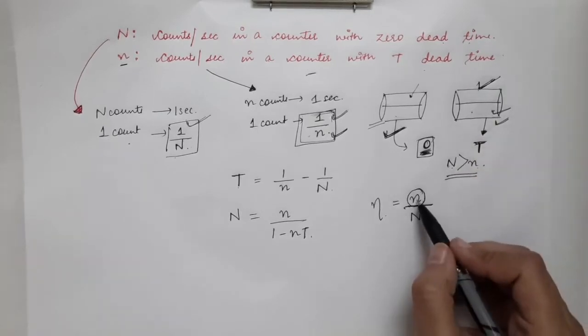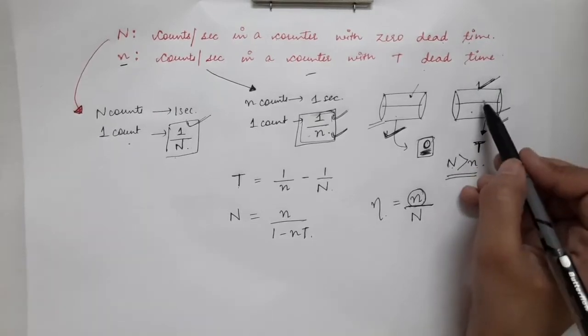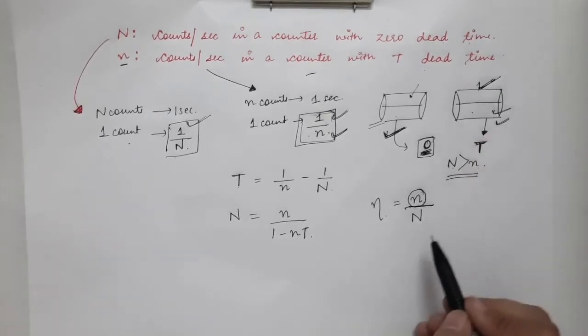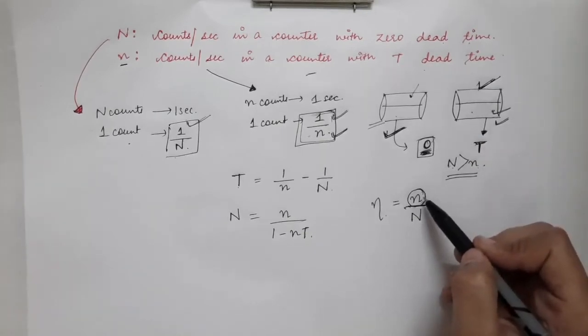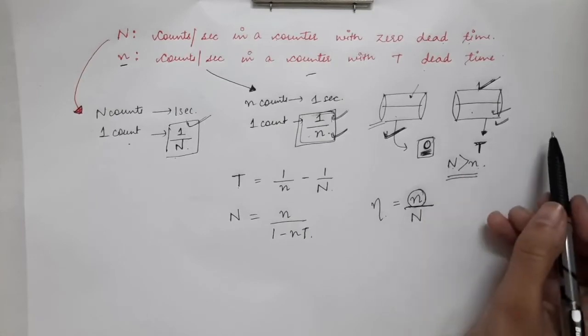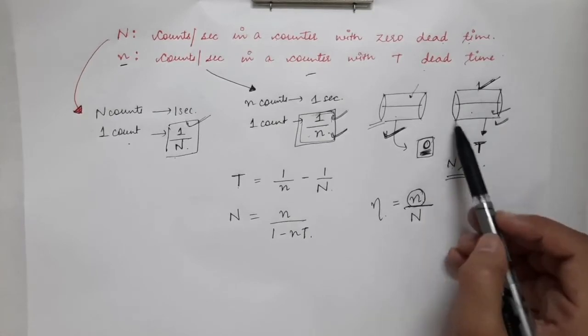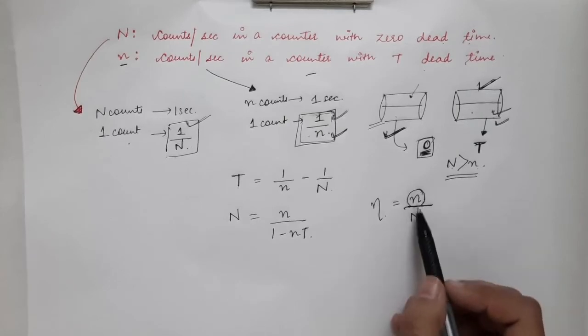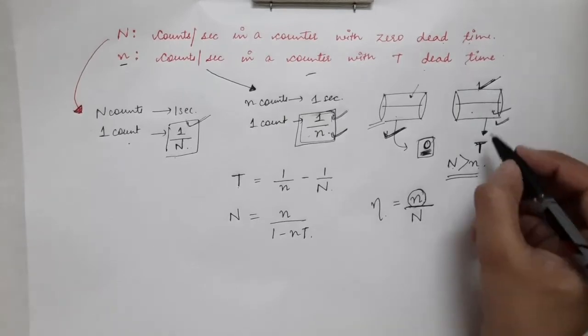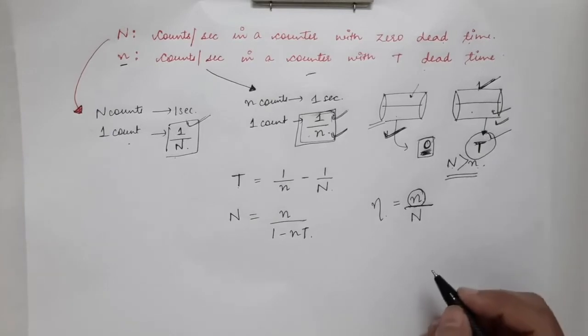So N will be greater than n. The number of particles entering the GM tube is capital N in some certain time, and in that amount of time small n pulses are obtained. This means this GM tube detects only small n ionizing particles and the rest of the particles are undetected due to this dead time.